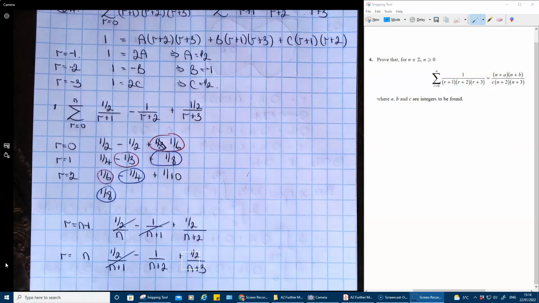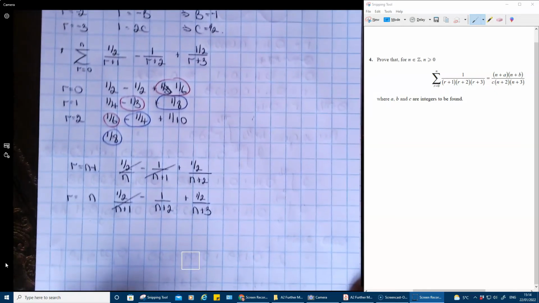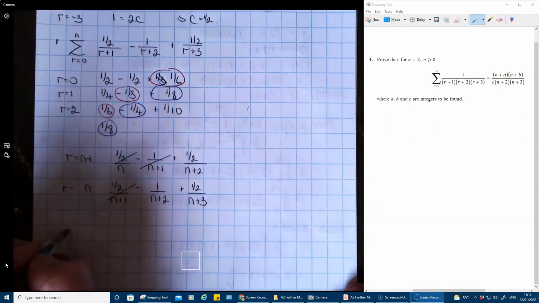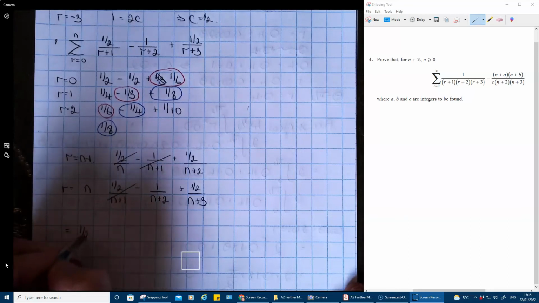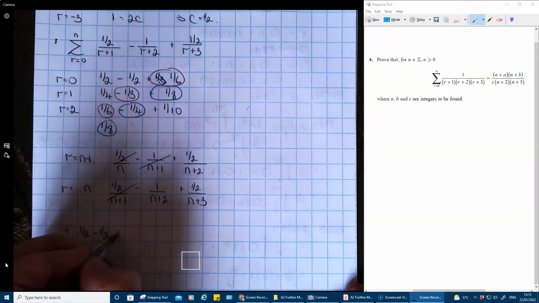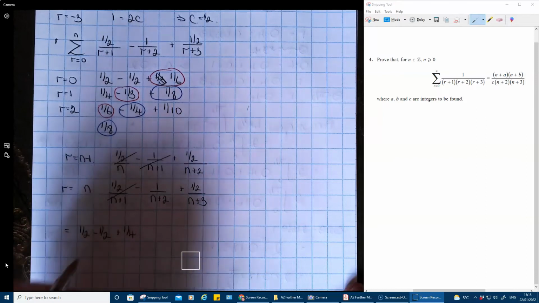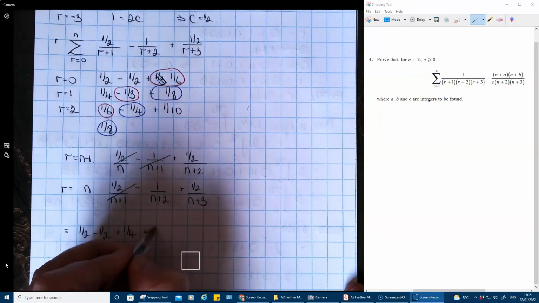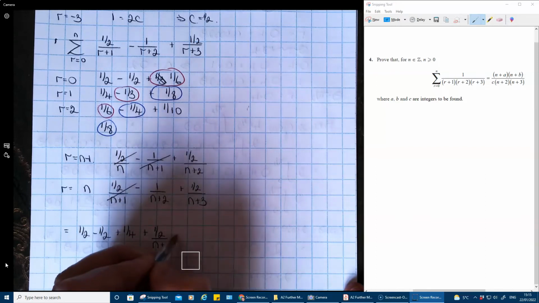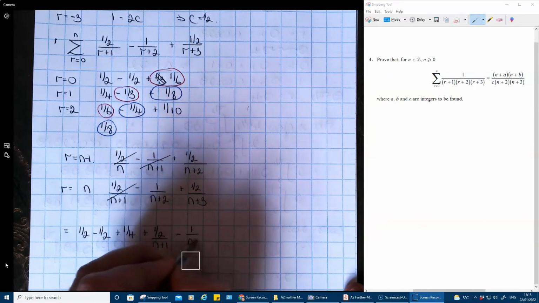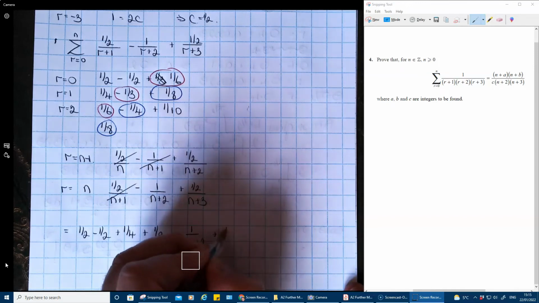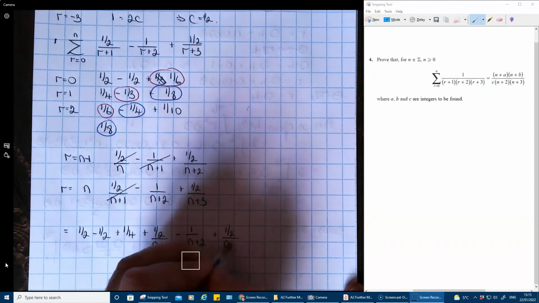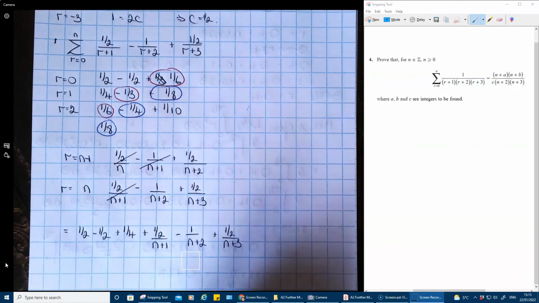Okay, so the answer I'm looking for is going to be half, take away a half, plus a quarter from the first three, then plus half over n plus 1, take away 1 over n plus 2, plus a half over n plus 3.